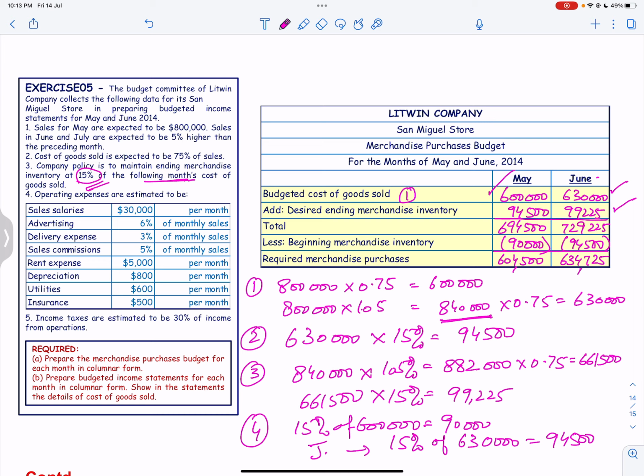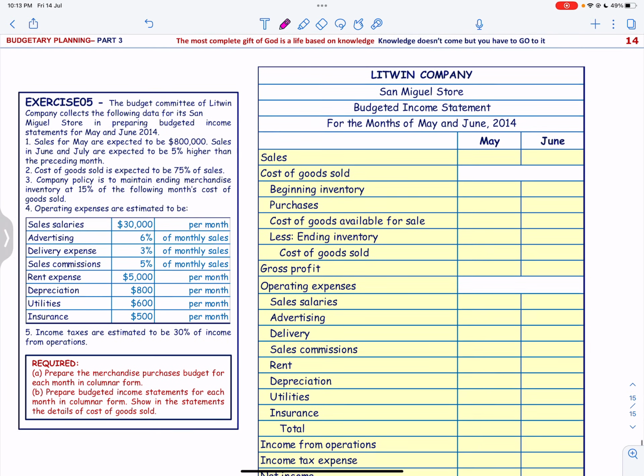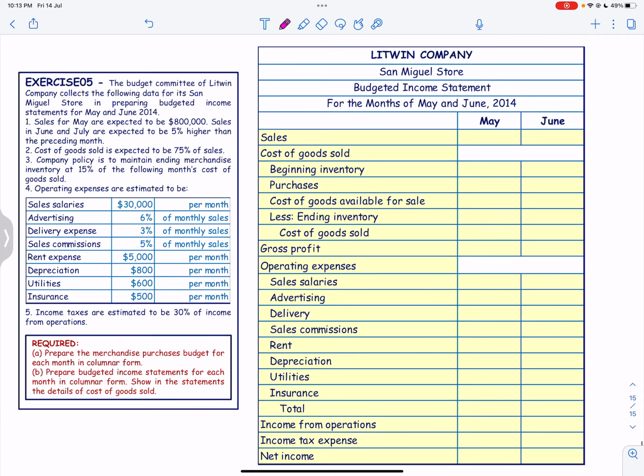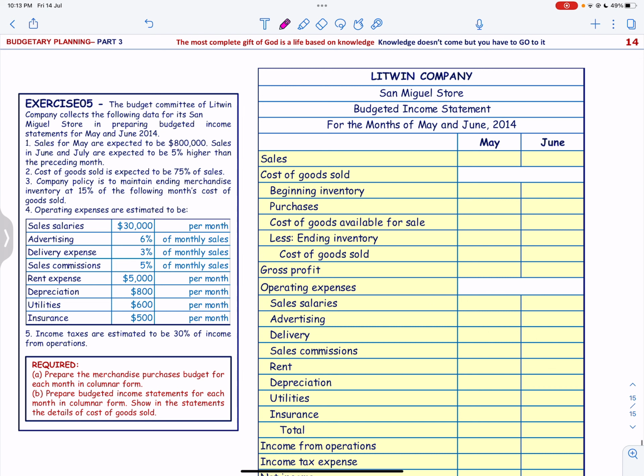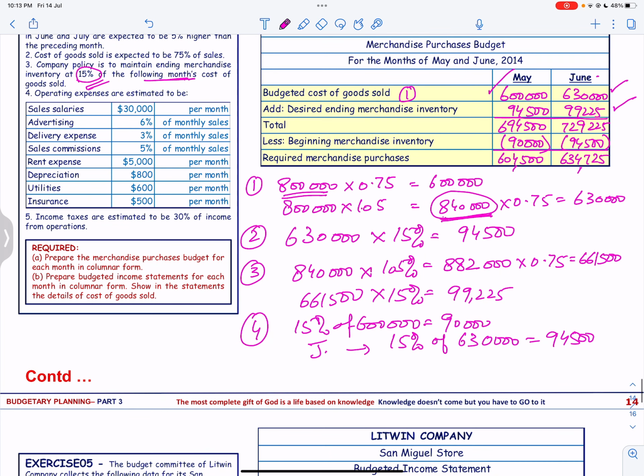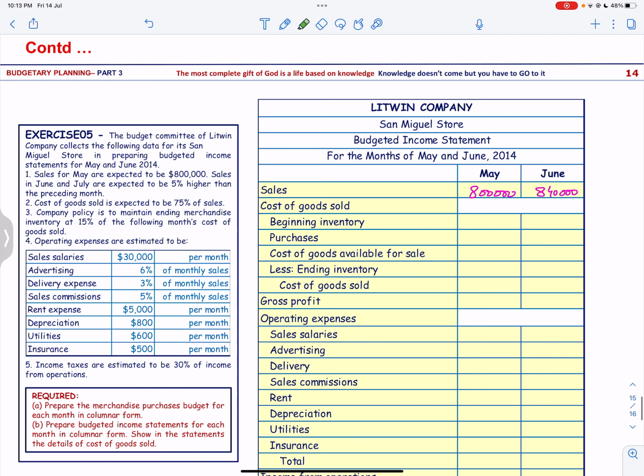Okay, now we can prepare the budgeted income statement, and for this we start with sales. Sales for the month of May was 800 and for the month of June it was 840, so we have 800,000 and 840,000. Then we have the beginning inventory, 90,000 and 94,500.